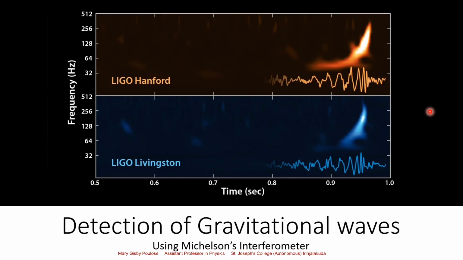We have two labs at Hanford and Livingston in the USA, and both of these laboratories recorded a series of pulses as shown here. This was the direct evidence of the gravitational waves.